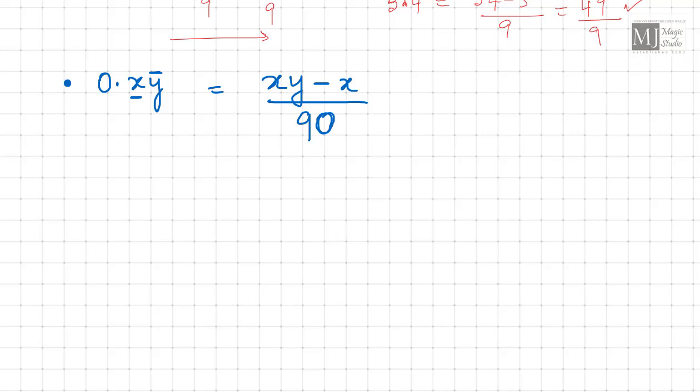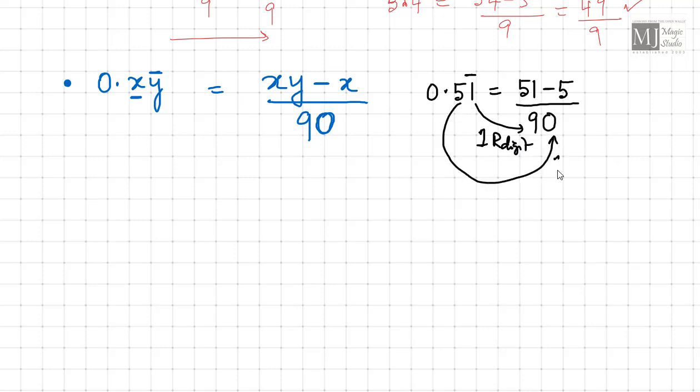Let me write an example too. 0.51 recurring on 1. This can be easily written as 51 minus 5, the non-recurring part, divided by 9 because there is one recurring digit, and I'll put a 0 after it because there is one non-recurring digit after the decimal.